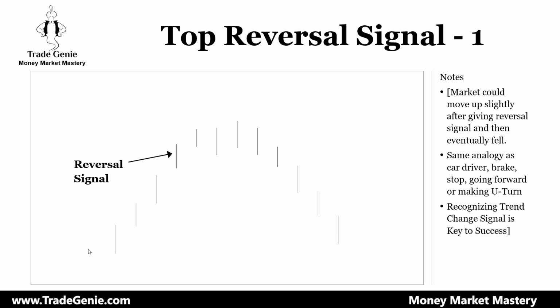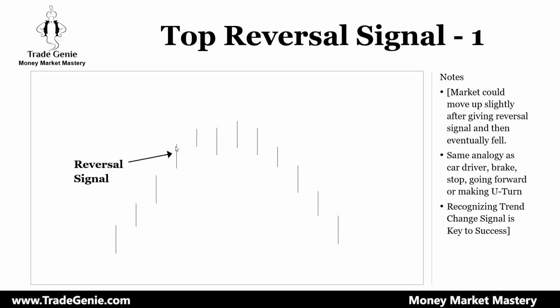So the market was in uptrend mode, and the reversal signal came. So you exited from here, or you recognized that this could be the top based on your analysis. So you're exiting or you're watching it, but there's no downfall. So this could be the top of stage 4.